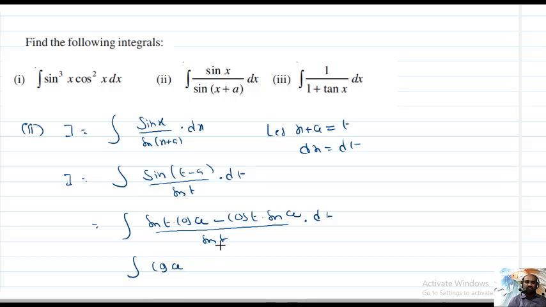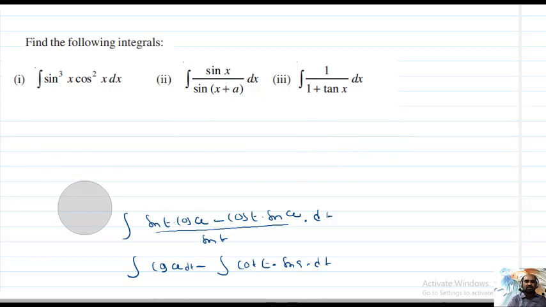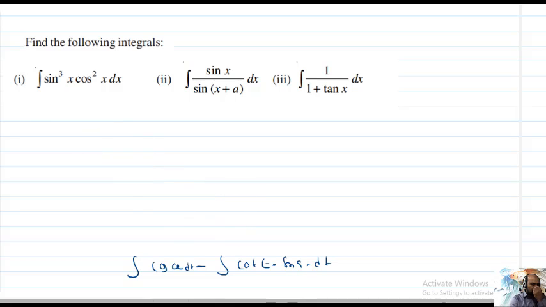Integral of cos a minus integral of cot t into sin a into dt. Here also I can write dt. So students listen, the interesting thing is that I took x plus a as t. That you should remember. Integral of cos a into 1 dt minus, what should I write? Sin a into integral of cot t dt.